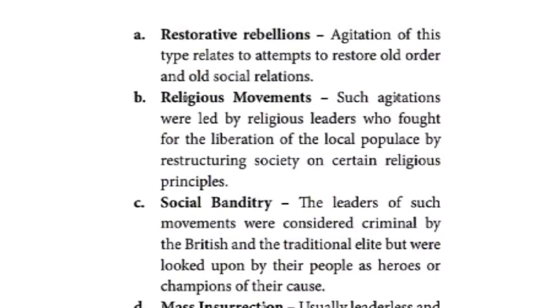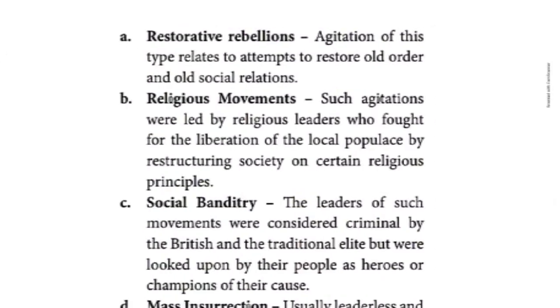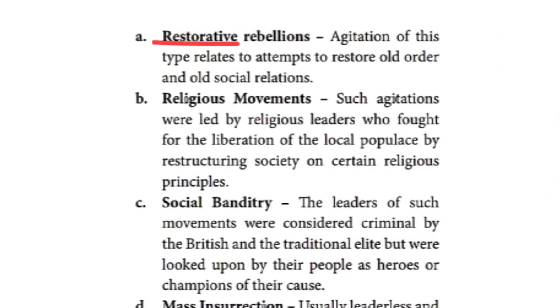The first category is restorative rebellions. What is meant by restorative? To restore or bring back. Restorative means bringing back the old orders, traditions, social customs. For that, people agitated against the British government.